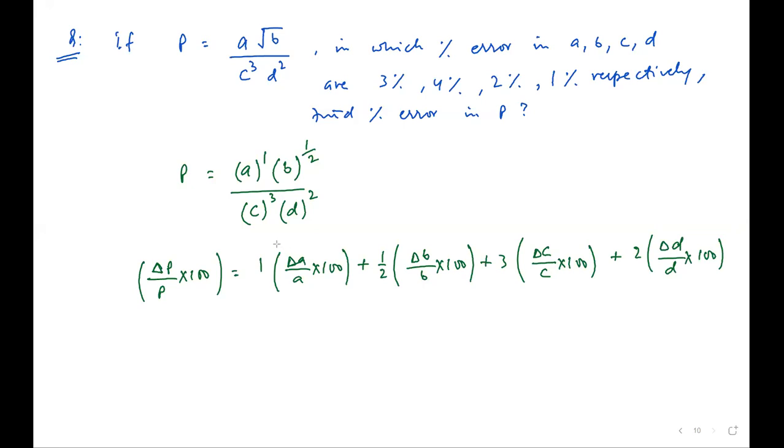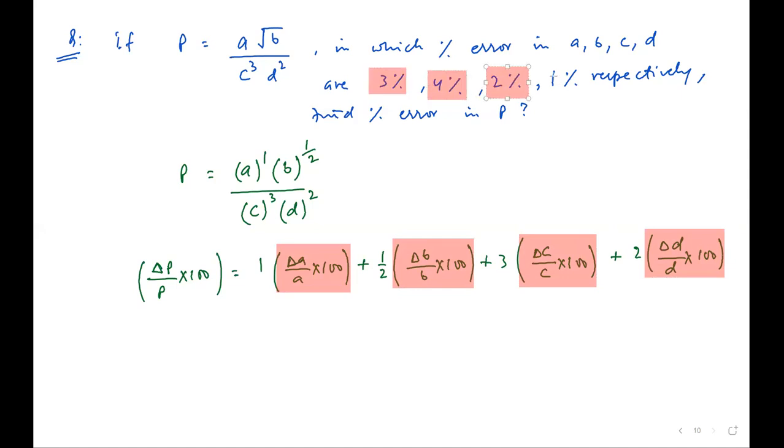In this whole part, this is nothing but percentage error in A. This is percentage error in B. This is percentage error in C. And this is percentage error in D, which is already given in the question. Percentage error in A is 3, B is 4, C is 2, D is 1. Just put all these values in this expression and simplify it.